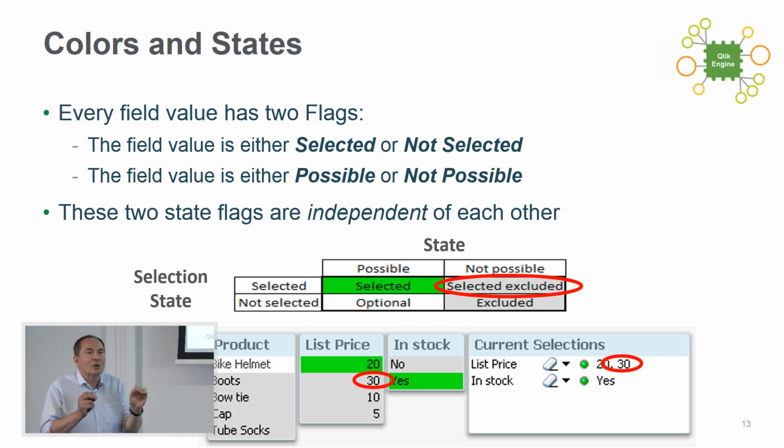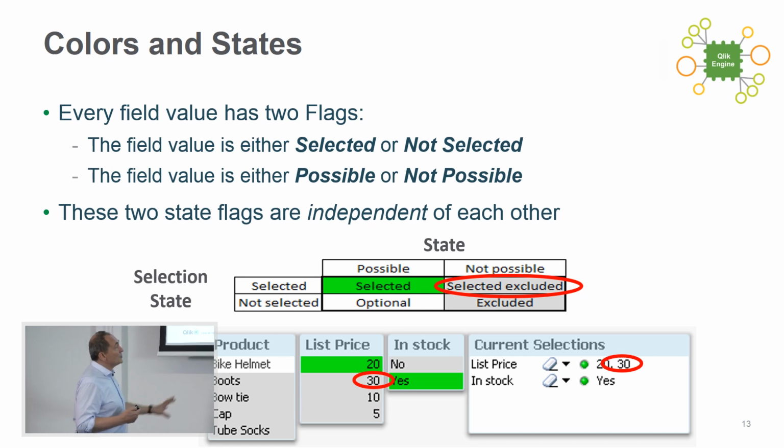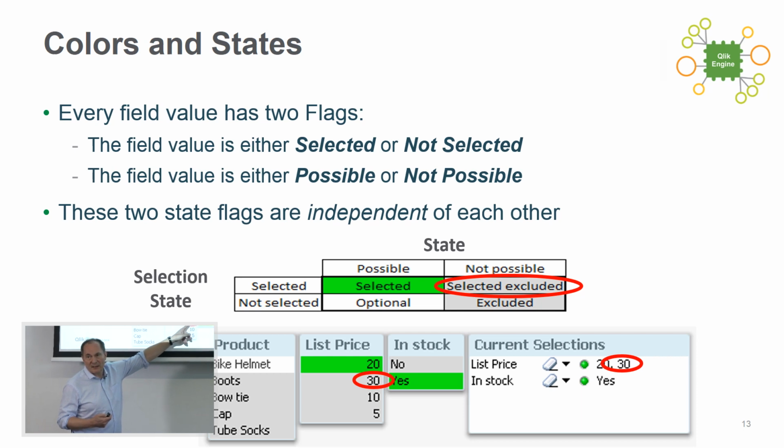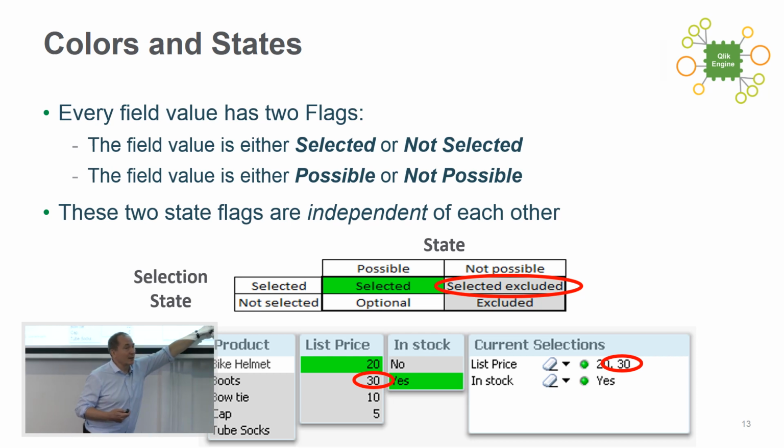So with this I just want to show that we need these 2 flags to keep track of whether things are selected or not. And there are in fact even more flags, as you will see in a second. But those 2 are the important ones. Okay, green, white, gray. And in QlikView, you cannot see that this 30 is selected excluded unless you look over here.